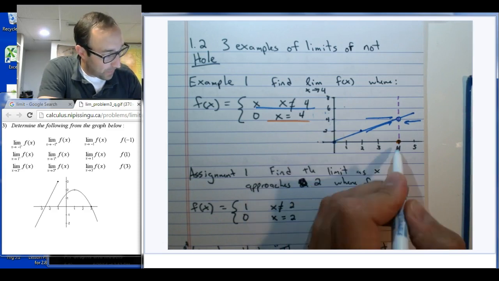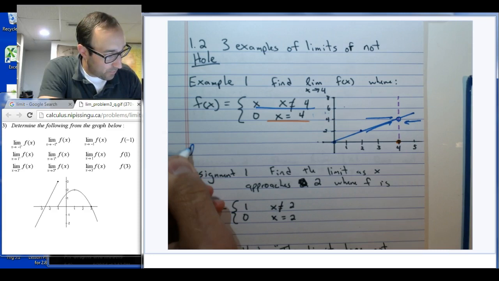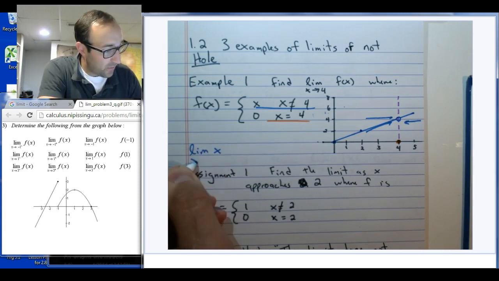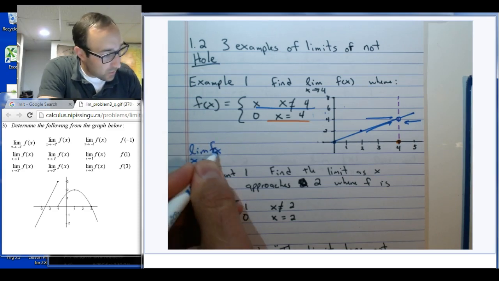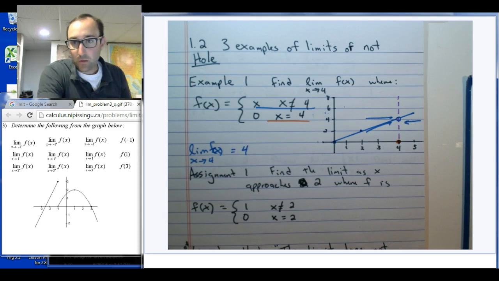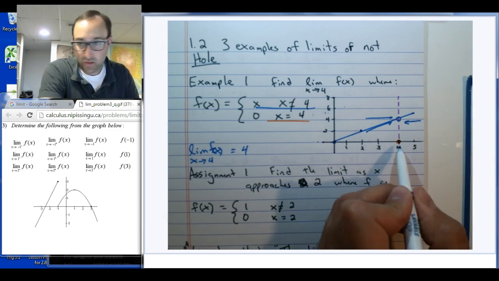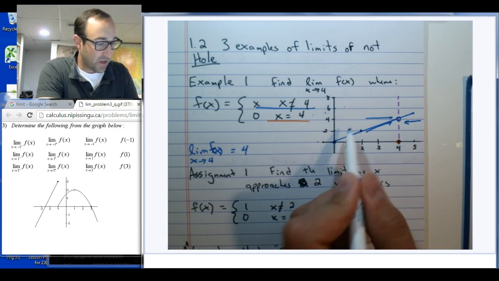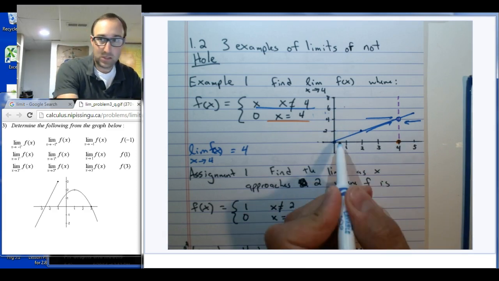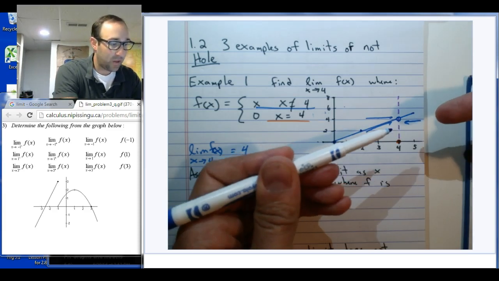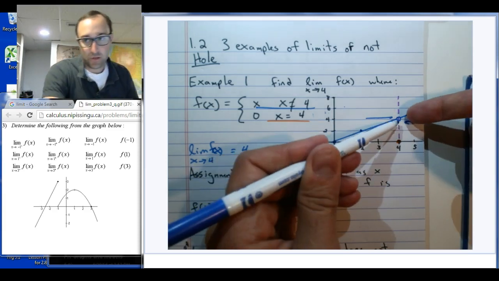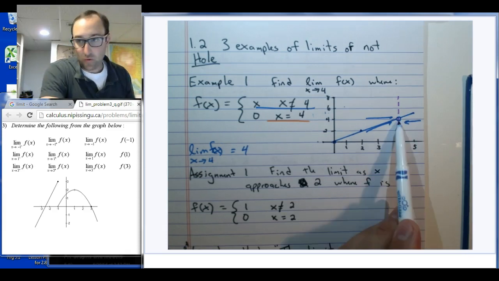So the limit as x approaches 4 of f of x is going to equal 4. So even though f of 4 is actually 0, as we get from the left side and the right side, as we squeeze to the middle, we know that it's going to be right at 4. So we're going to say the limit exists, it's just right there.